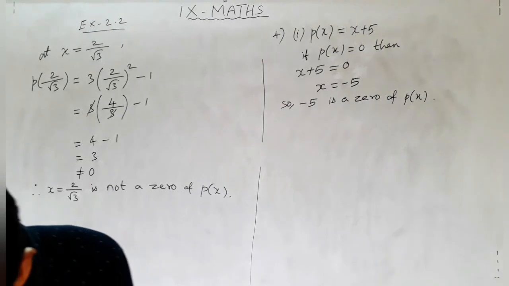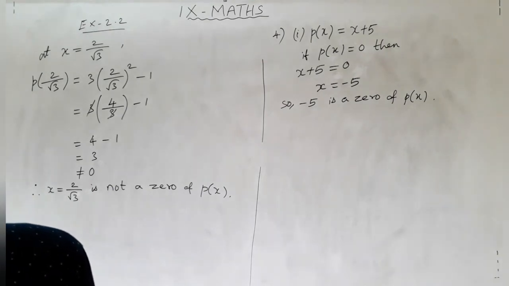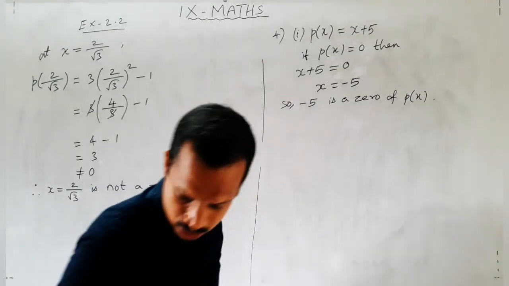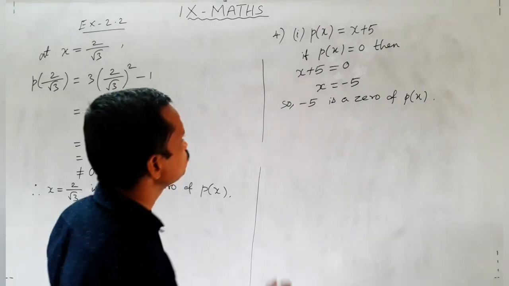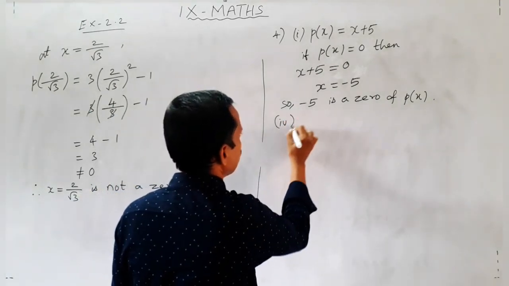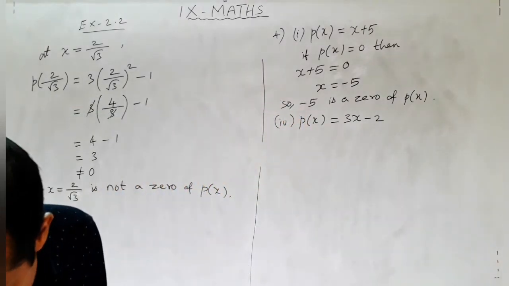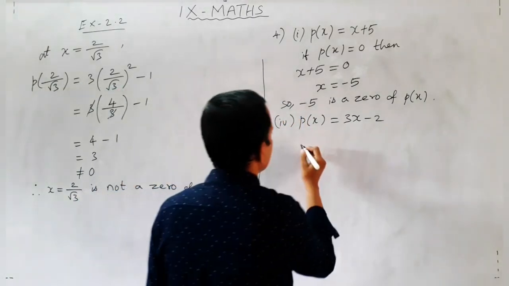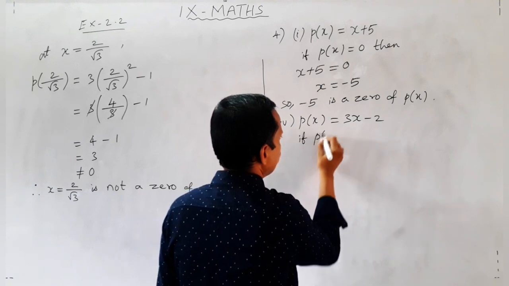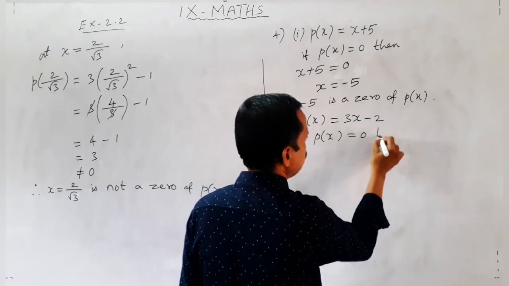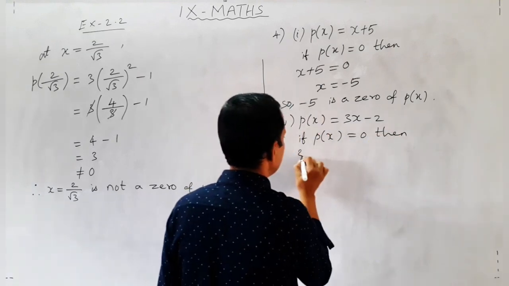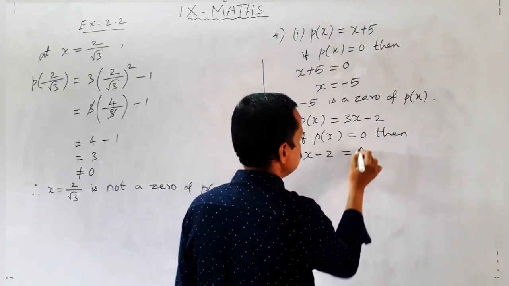One more sum. P of x is equal to 3x minus 2. That is option 4. So if p of x equal to 0, then 3x minus 2 equal to 0.